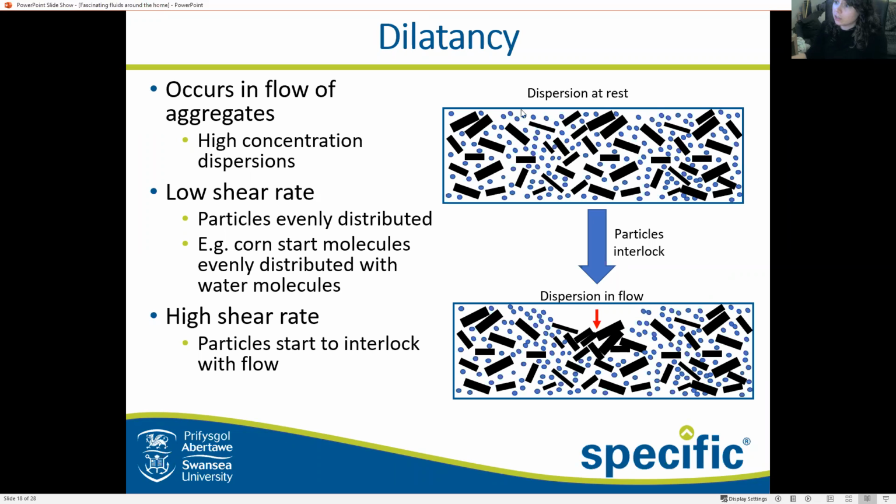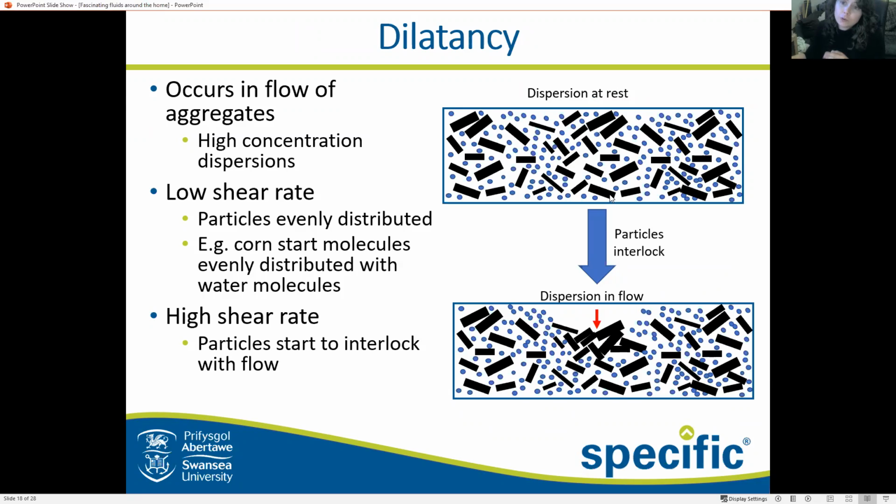So if we start it when it's at rest, we have our particles evenly distributed. So in this case, we've got our long potato starch molecules and our molecules of water, and they're nice and even, and when at low shear will allow them to flow like a liquid.